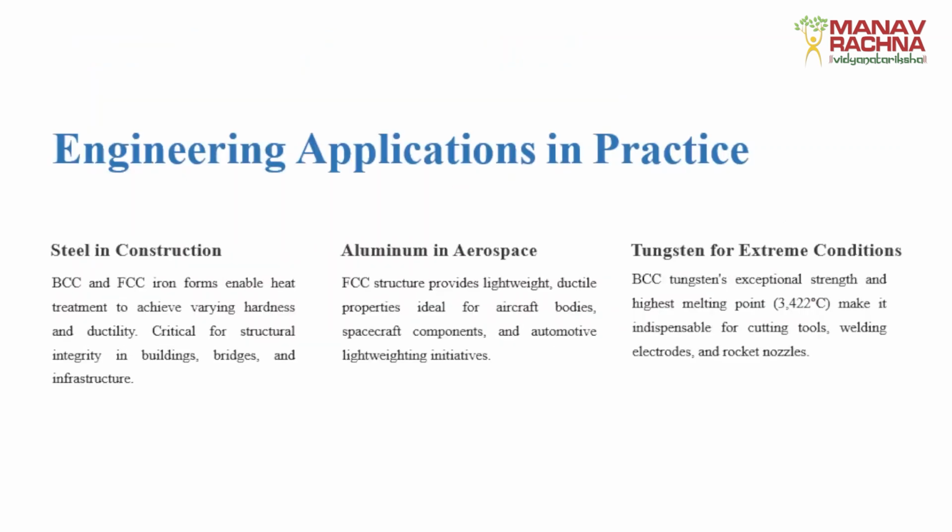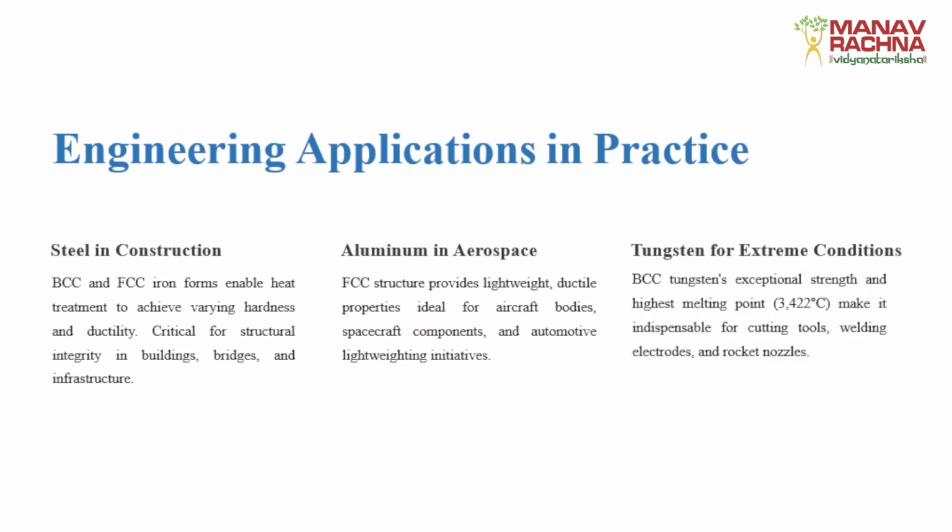Why is this important for us as mechanical engineers? Because these atomic arrangements determine how a material behaves under stress, heat or load. For example, steel, which can exist in both BCC and FCC forms depending upon the temperature, exhibits different properties when heated and cooled, a principle utilized in heat treatment.